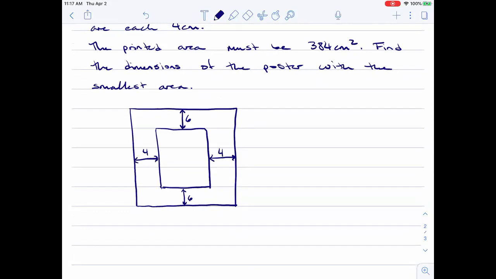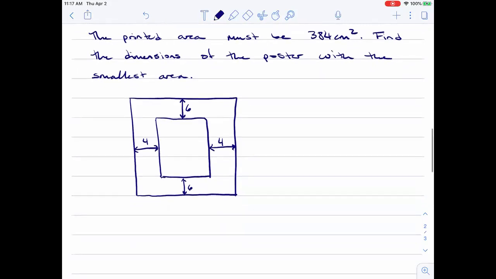So we've been given that. We're also told that this thing has to be 384 centimeters squared, so this area here is the printed area. It has to be 384 centimeters squared.